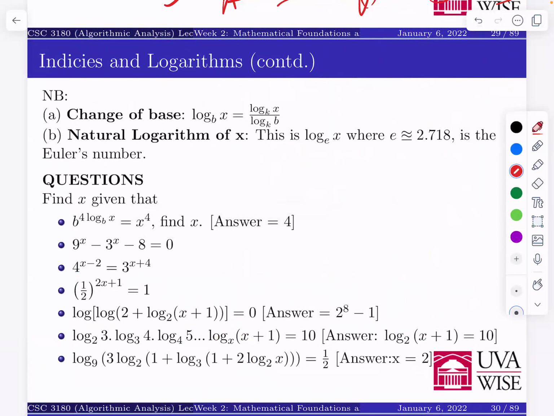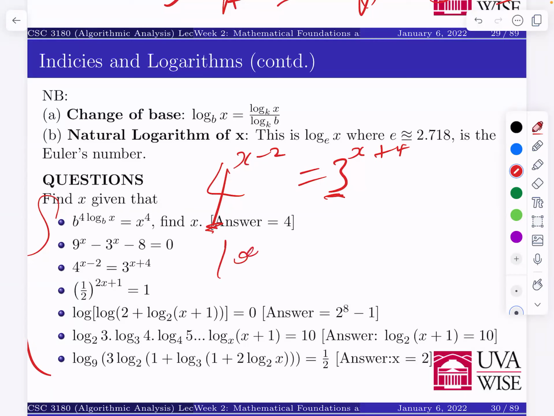Now remember, in all these expressions, these are questions on logarithm. We are trying to look for the value of x in each of them. For instance, 4 to power x minus 2 equals 3 to power x plus 4. Now, this is the base, and this is the base. Different bases, you have to introduce log.